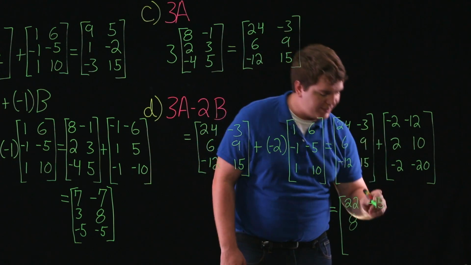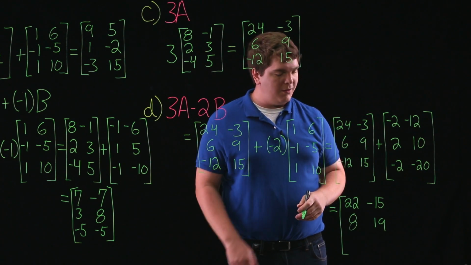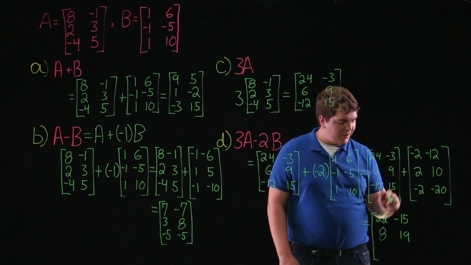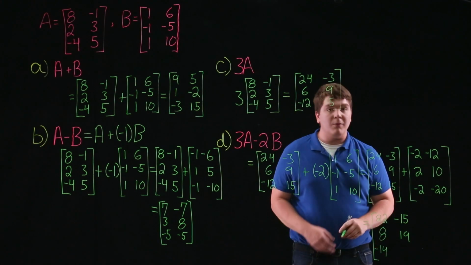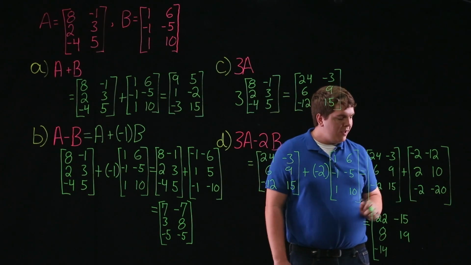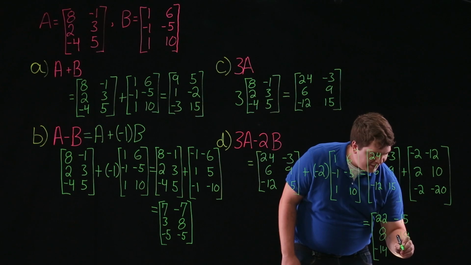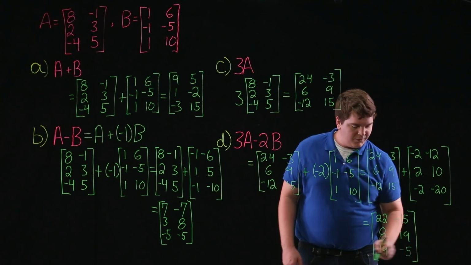Adding 9 and 10, we'll have a 19 in the second row, second column. Adding negative 12 and negative 2, we have a negative 14 in the third row, first column. And finally, adding 15 and negative 20, we have a negative 5 in the third row, second column.